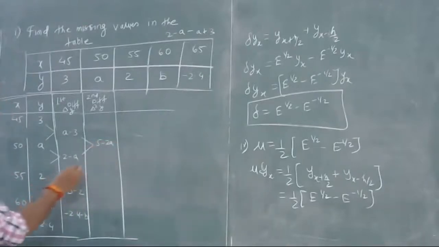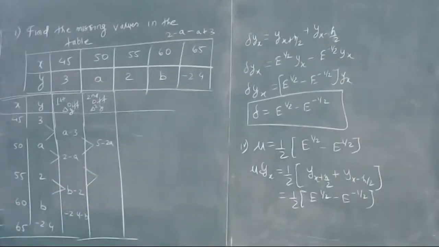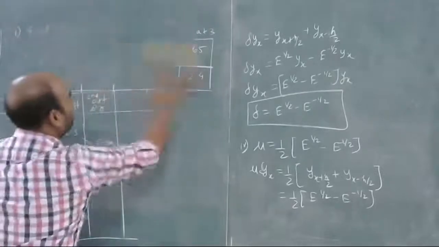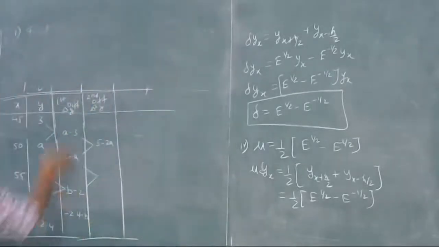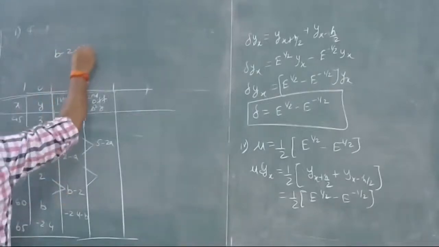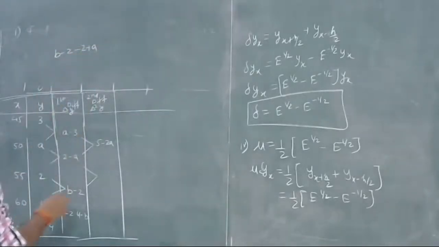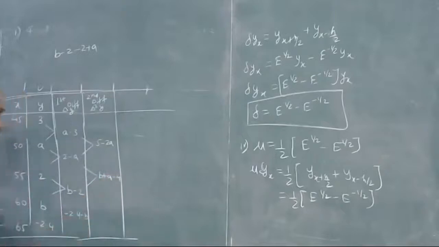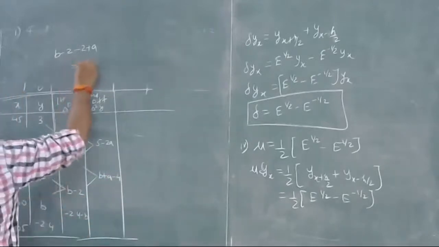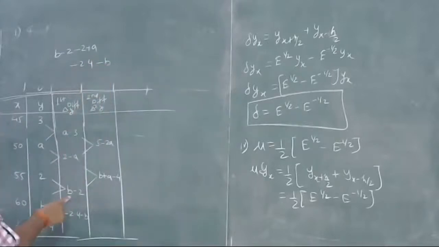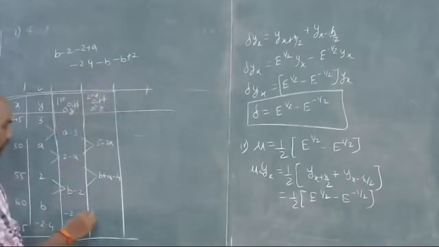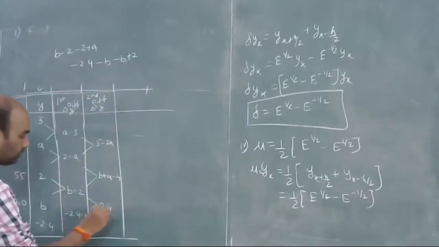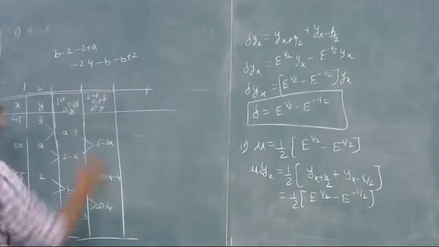Okay, then we subtract this 2, so b minus 2 plus a, so this will be b plus a minus 4. Okay, then minus 2.4 minus b plus 2. Okay, so this will be minus 2.4 plus 2, sorry, minus 0.4, and this is minus 2b.